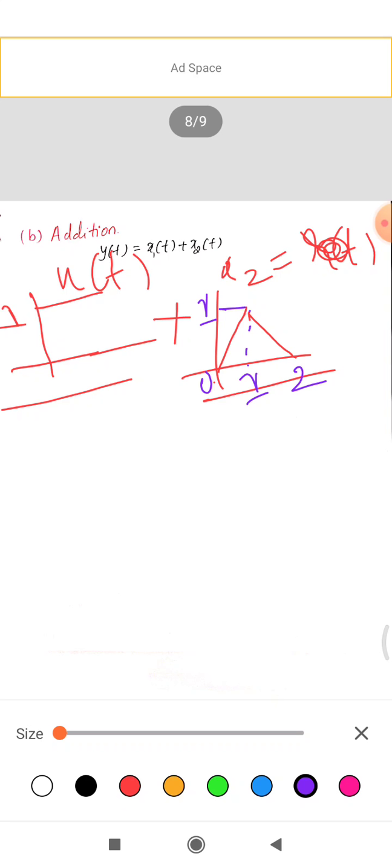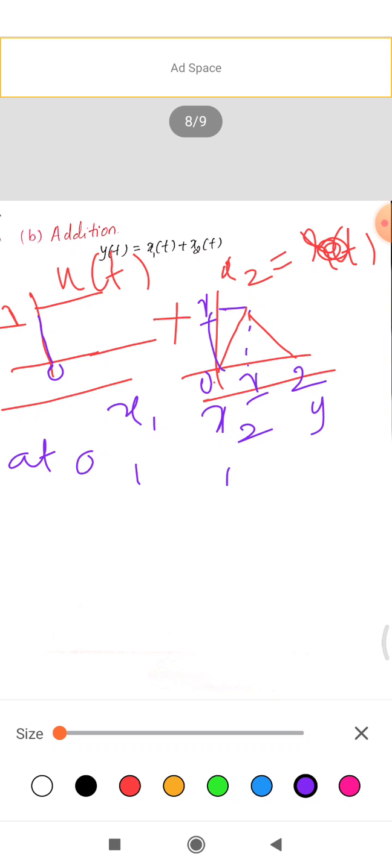I'll write one side at 0. We'll take a new signal. At 0, what about x1 and what about x2, we have to write. What about the x1 value? It is 1. What about the x2 value? It is also 1.